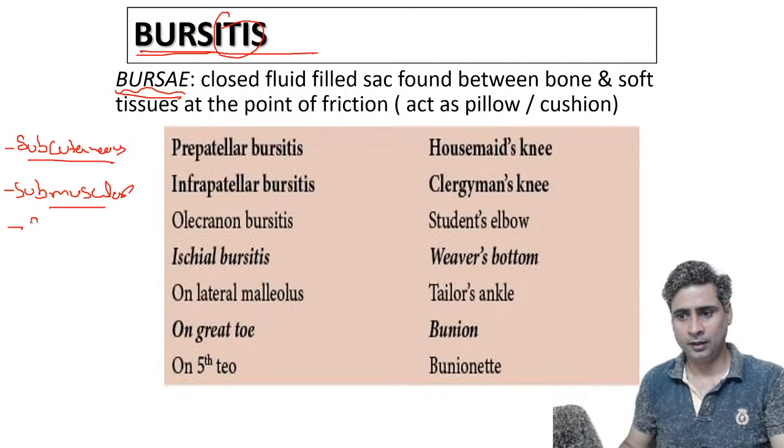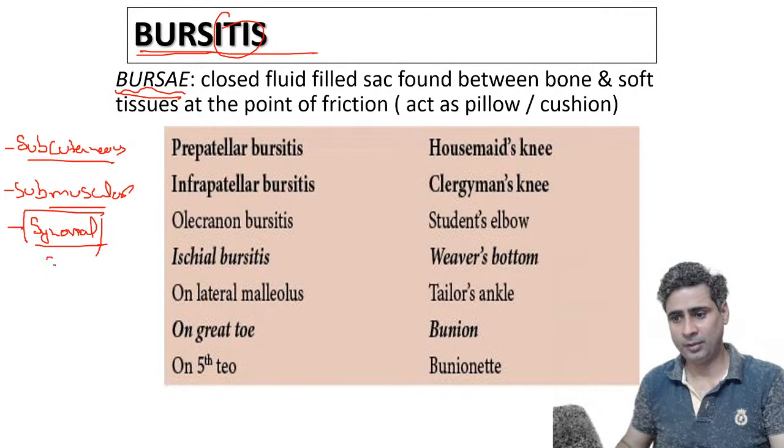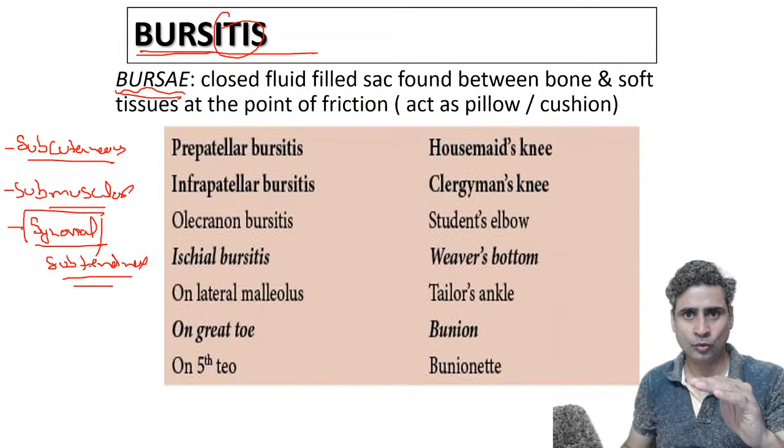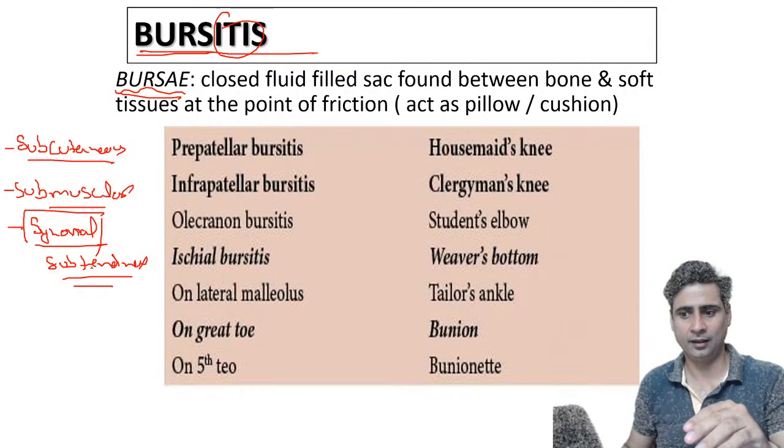Then there can be synovial, also known as subtendinous bursa, below the tendons. For example, suprapatellar bursa, which is deep to quadriceps tendon. Infrapatellar bursa, deep to patellar tendon.